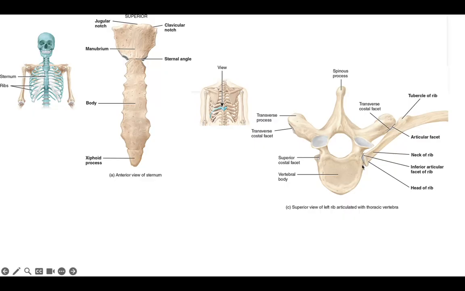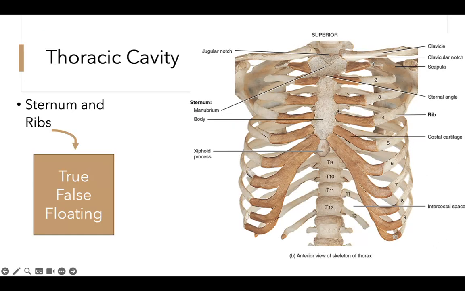And the head of the rib is going to articulate at the superior costal facet and the inferior costal facet of the thoracic vertebrae. So those costal facets I was going on about, you can see how they articulate to the rib to allow that posterior connection, and then the rib wraps around anteriorly. Then it has costal cartilage, and it'll connect to the sternum if it is true or false. If it's floating, it'll just hang out in the back.